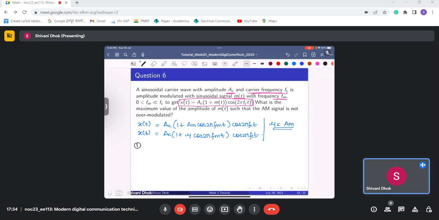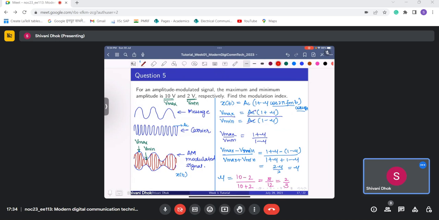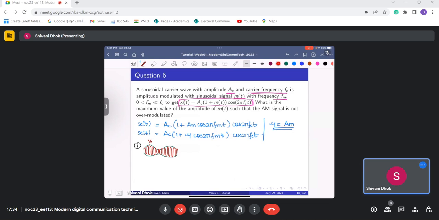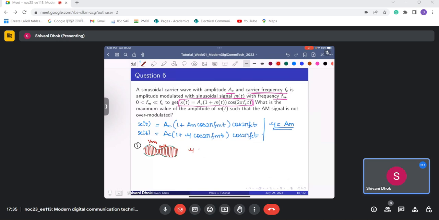The first case is this one, where we see Vmax and Vmin, and the modulation index using this formula is less than 1, and this case is known as undermodulated.